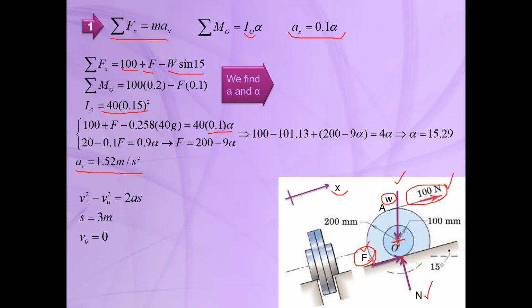So we have the independent of time equation, because the acceleration is constant. As you can see, the acceleration is a constant value. So you can use this equation, v squared minus v naught squared is equal to 2 times by as, because this will start at rest.